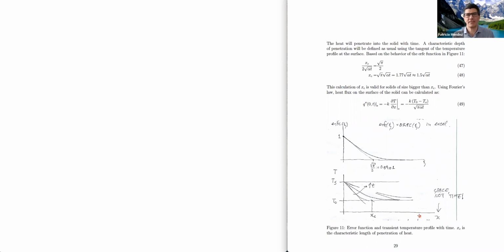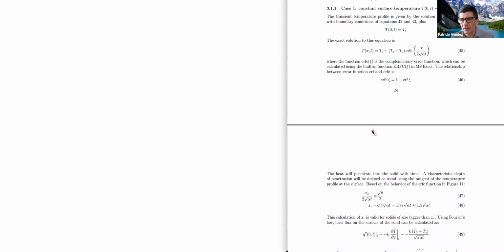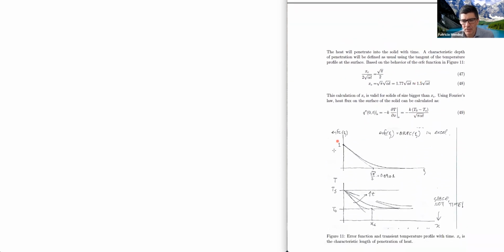So if you're Albert Einstein, tell me, because then I have a couple of questions for you because of things I myself don't understand. So in this, if we see this error function, x over 2 square root of alpha t, right? This is a characteristic decay, and when x over 2 square root of alpha t equals this characteristic value, I can use this relationship to determine the characteristic penetration of heat, right? Same as we did before.